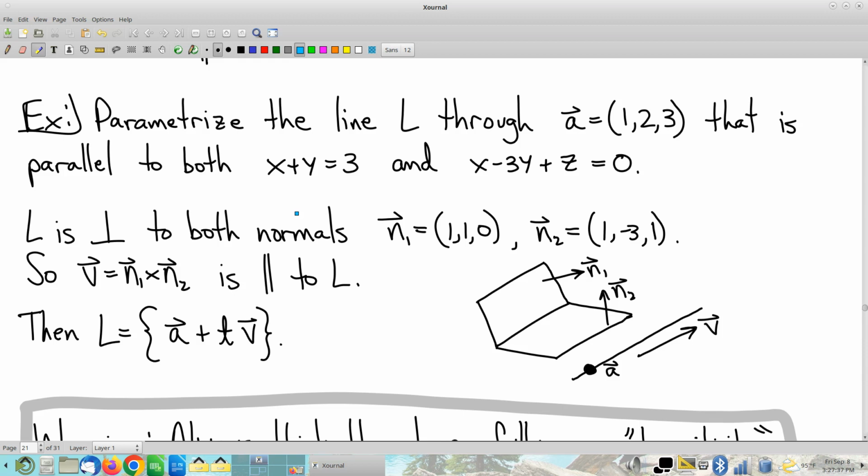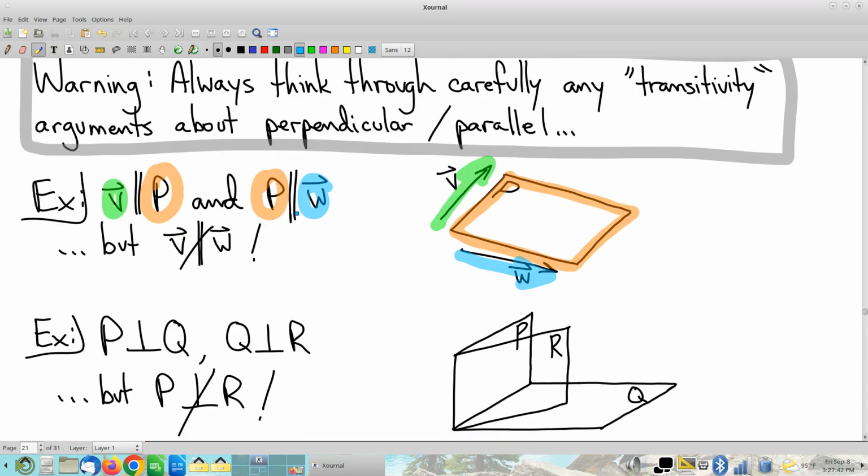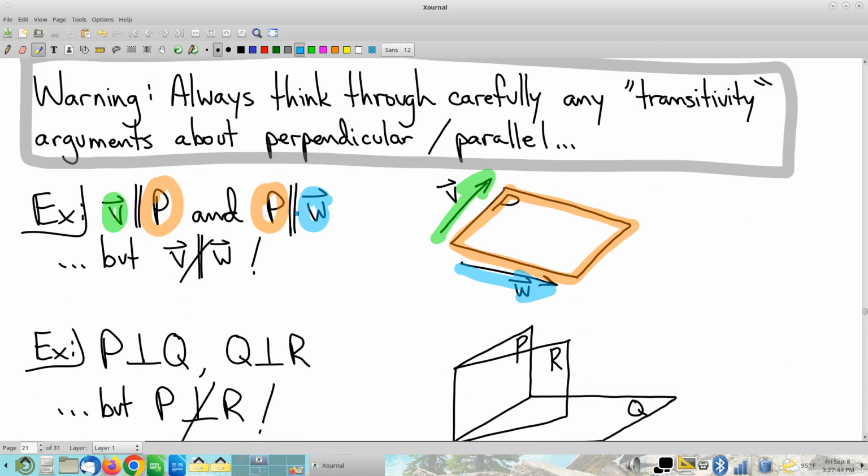The rule is you can make any transitivity argument you want as long as it's actually true. You don't have to prove your transitivity arguments, but you do have to think it through carefully and make sure you're not accidentally saying something that's garbage. Does that make sense to everybody? Okay. So again, mostly think of this as a warning.